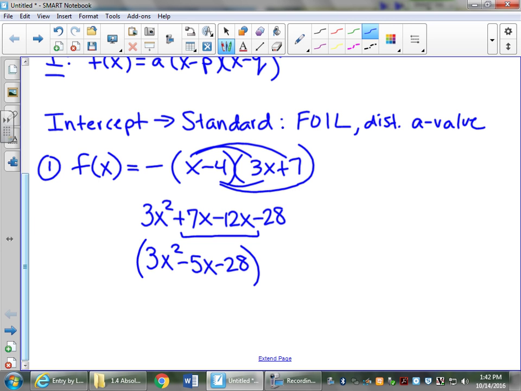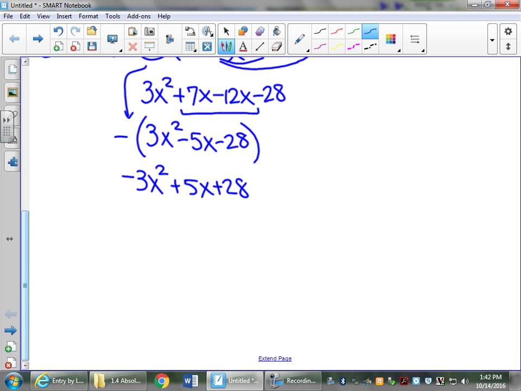I'm going to put that back in parentheses because we have our A value of -1, which still has to be distributed. So if we distribute the -1, we will get negative 3x squared plus 5x plus 28, and we're going to make sure it stays in function form, so I'm going to bring back the f of x equals.